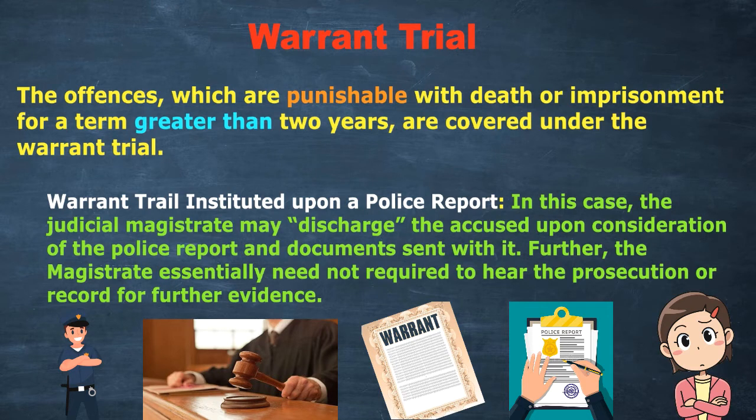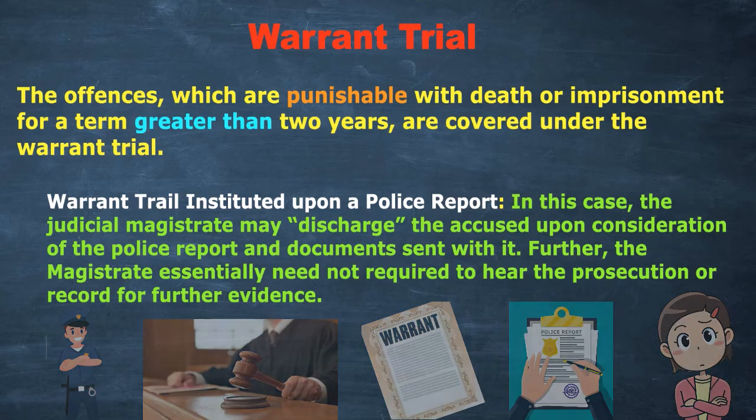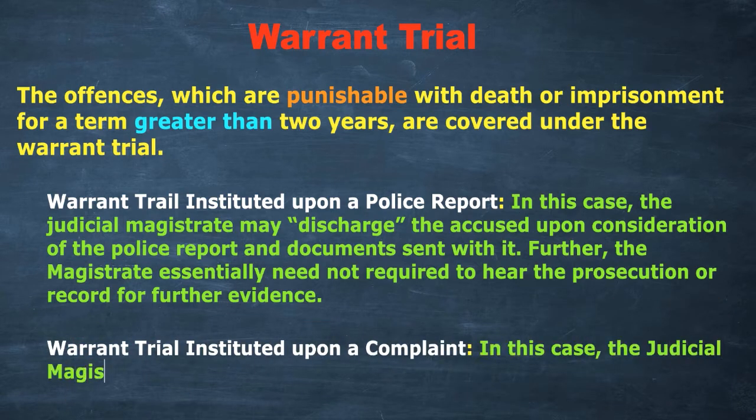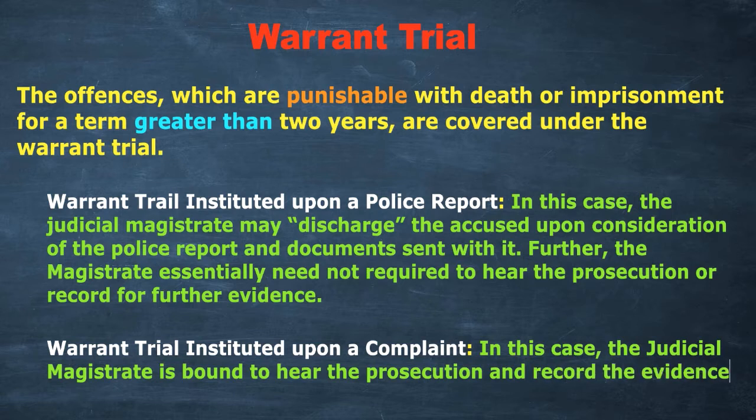The second type of warrant trial is warrant trial instituted upon a complaint. In this case, the judicial magistrate is bound to hear the prosecution and record the evidence. See, in the first case, there was no prosecution or no complaint, so the judicial magistrate is not bound to hear the prosecution.